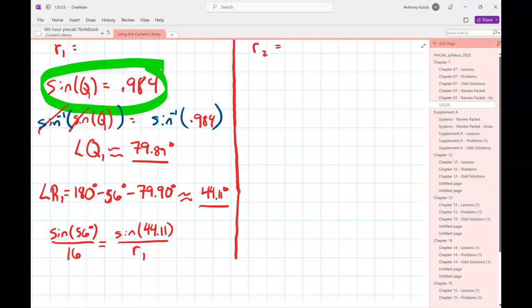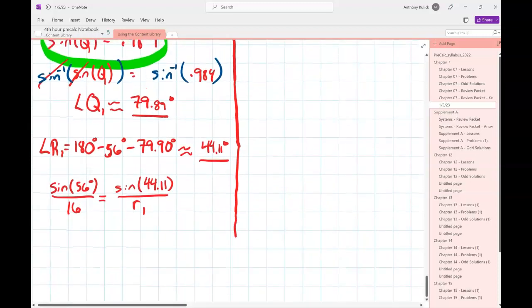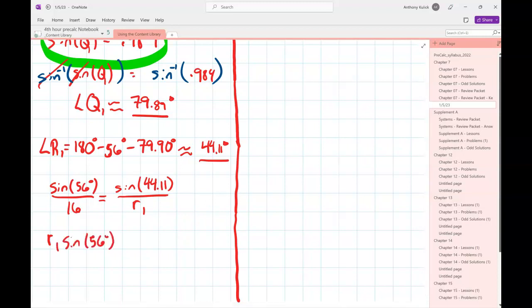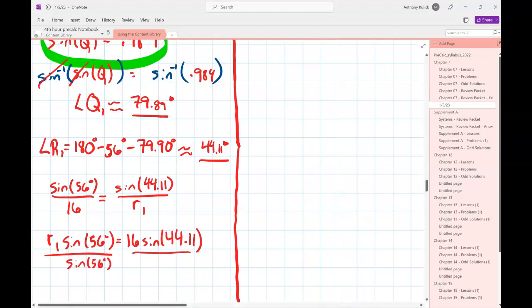So I'm just going to now cross multiply and divide. So there's my cross multiplying, and now I'm dividing.